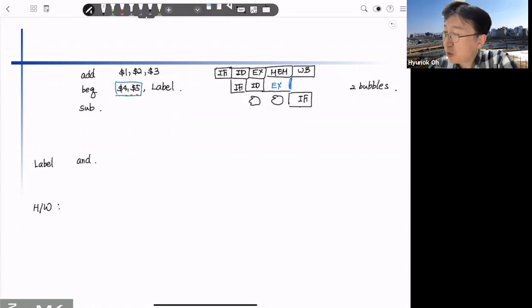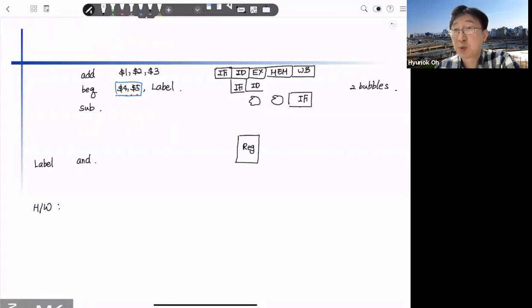So what we can do is, instead of computing the comparison at the execution stage, we can do it in the instruction decode stage. Okay, so in the instruction decode stage, it is reading the values from the registers, right?